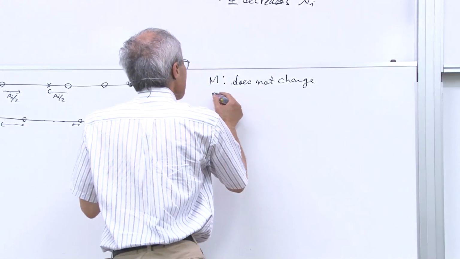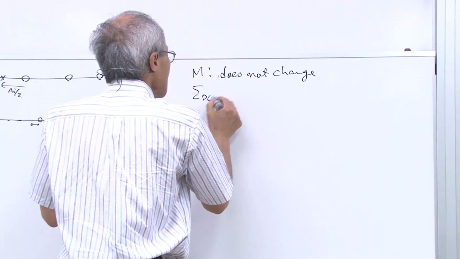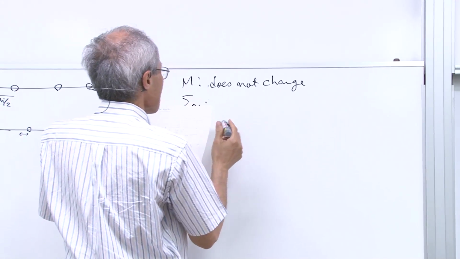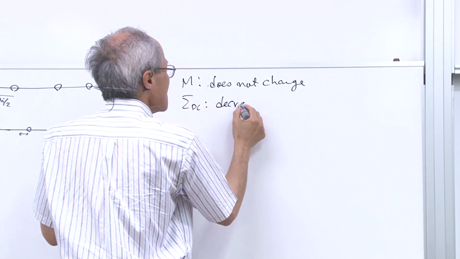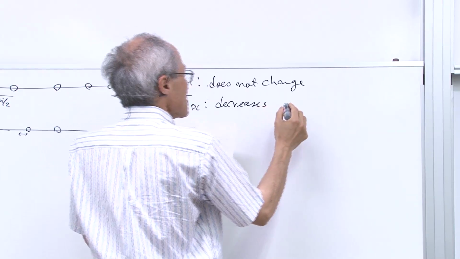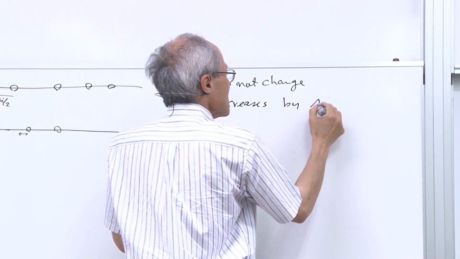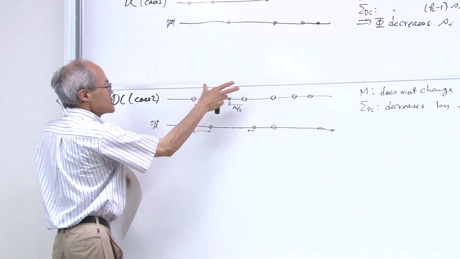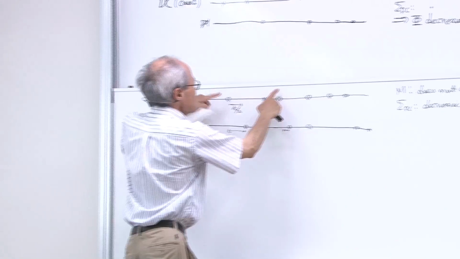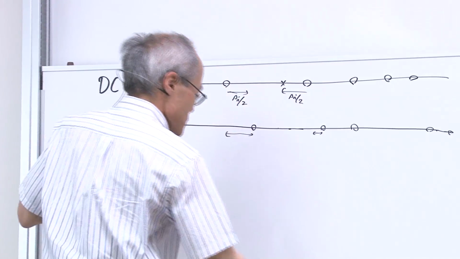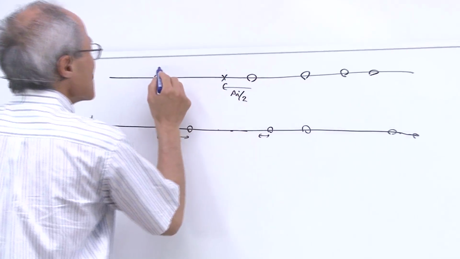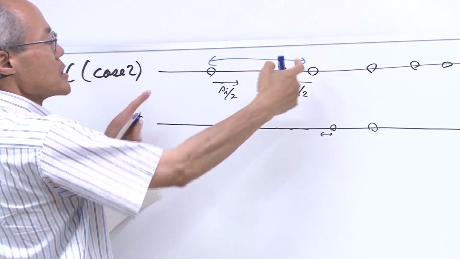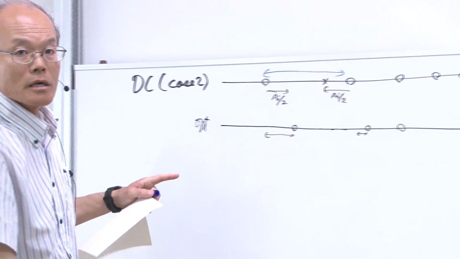And sigma DC decreases by s_i. It's obvious. This distance just decreases by s_i.